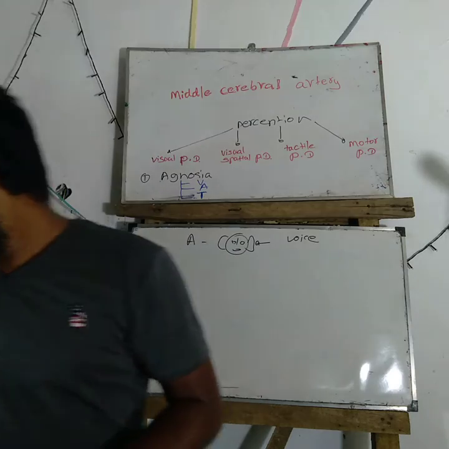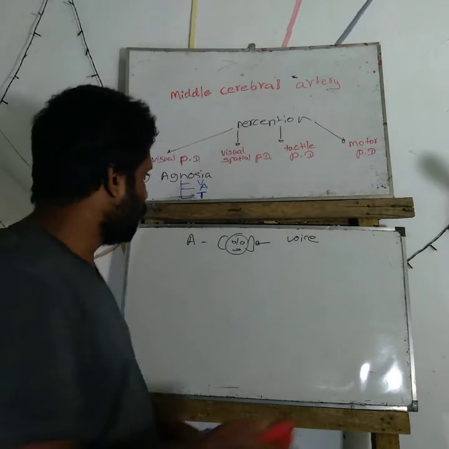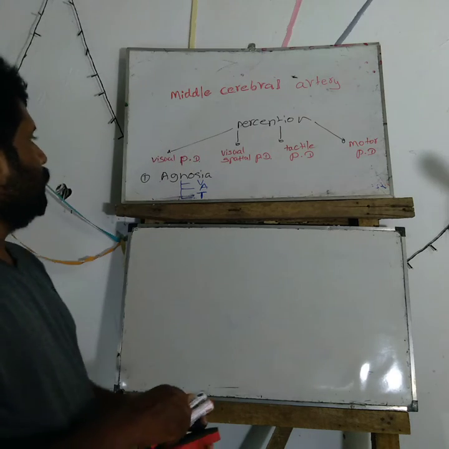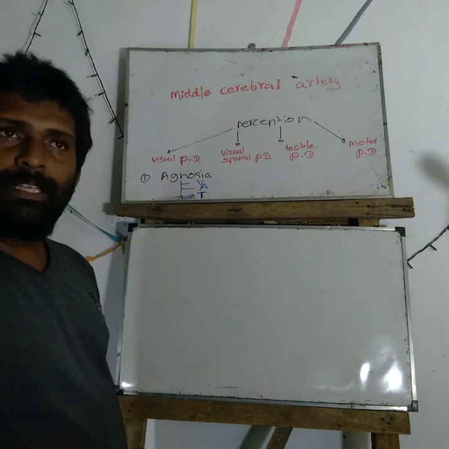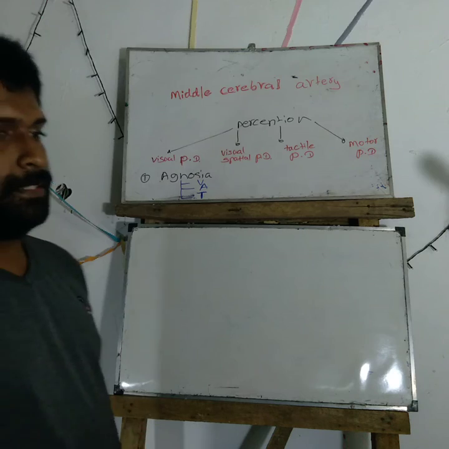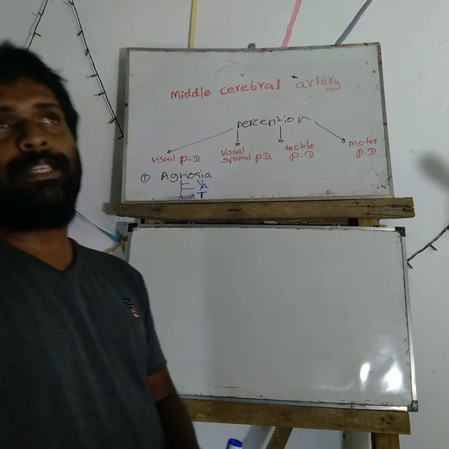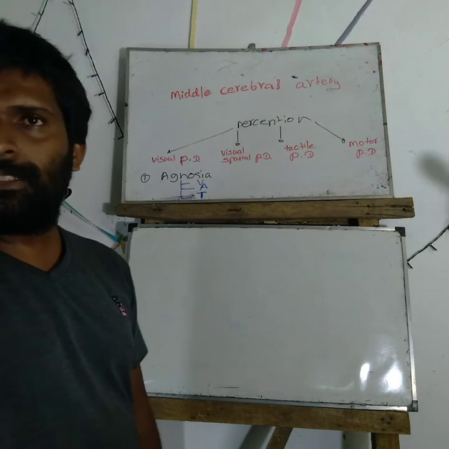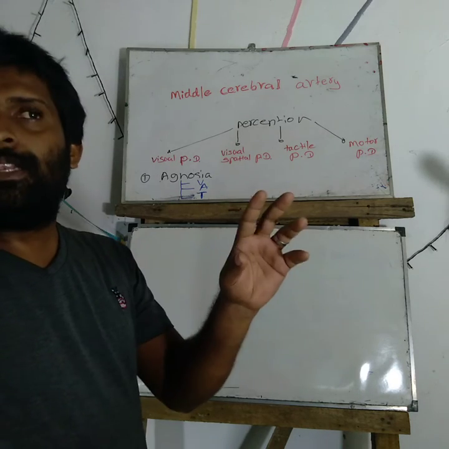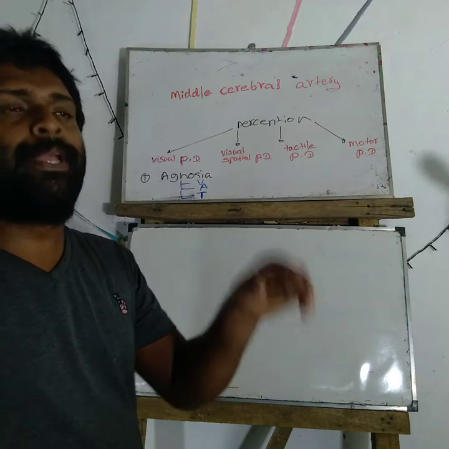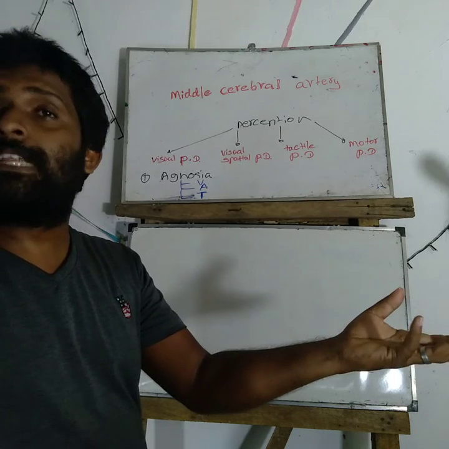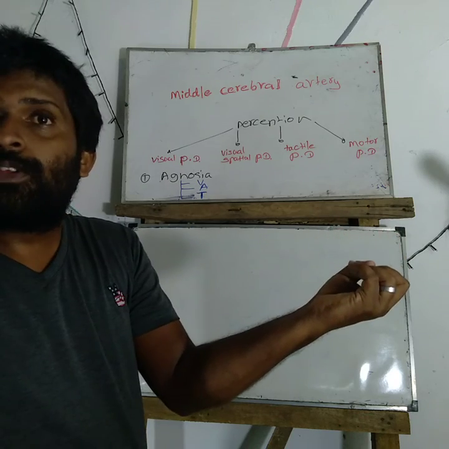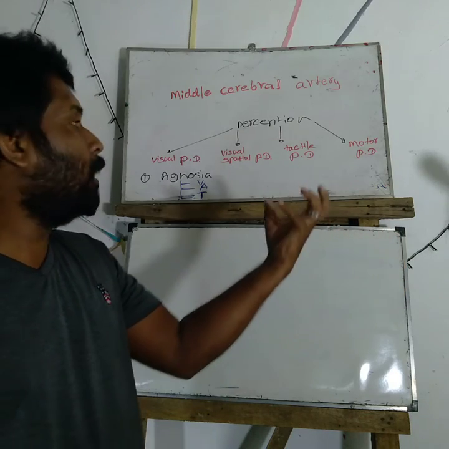Tactile is also very important. For tactile agnosia, we give some things. The patient closes the eyes and we give something in the hand, some form of cup, a teacup.